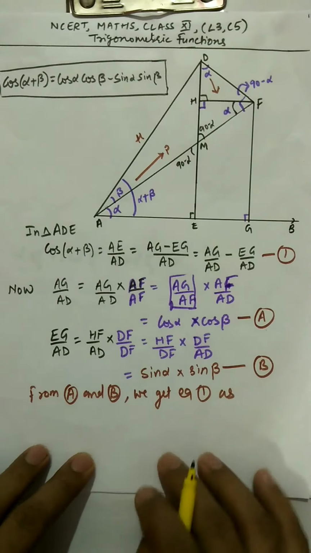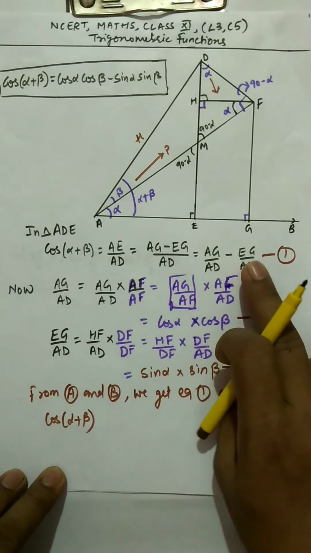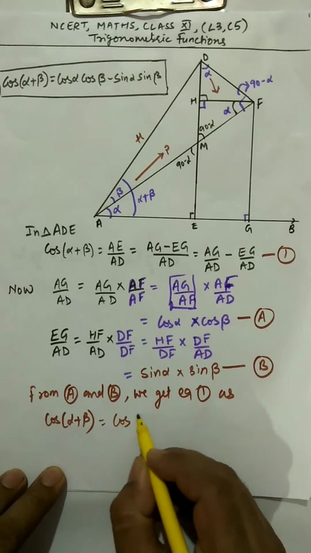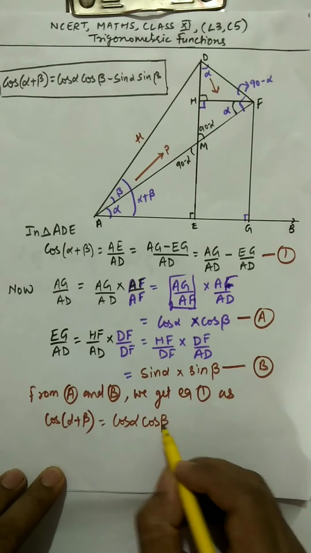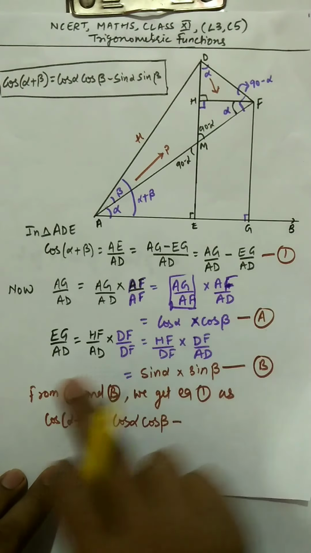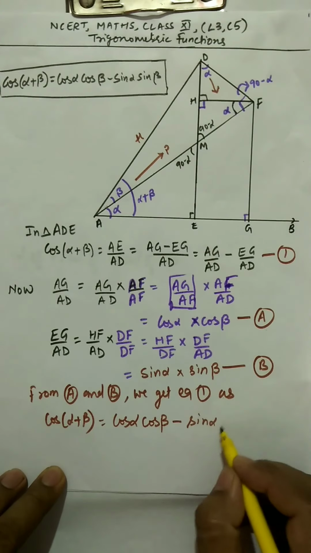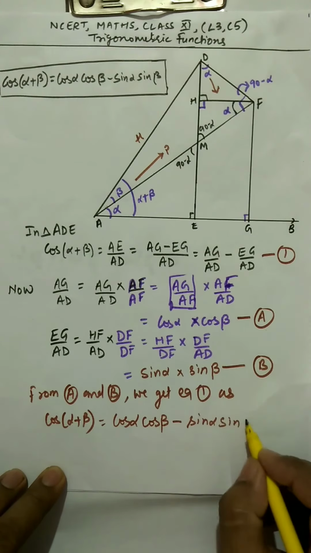This is going to be cos alpha plus beta. So AG upon AD will be replaced by cos alpha cos beta, and minus EG upon AD is going to be replaced by sin alpha into sin beta. So now you have proved this formula, that how this formula has come.